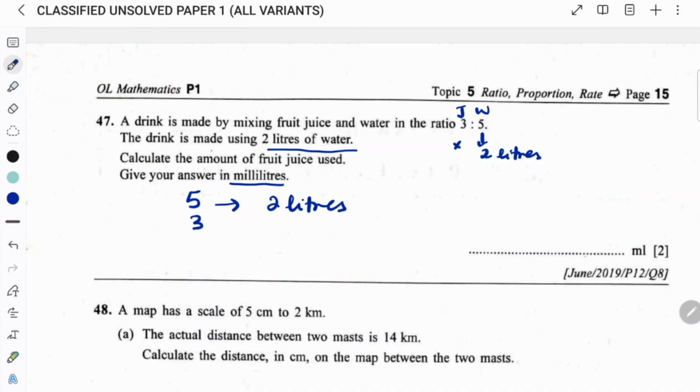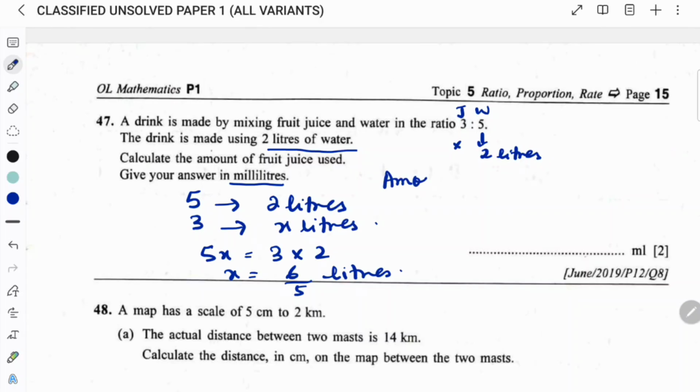Also remember to write down the ratios in the proper line, otherwise you will get the answer wrong. X liters is required. So 5x is equal to 3 times 2, and x is equal to 6 over 5, which is 6 upon 5 liters. They're asking us to find the amount of fruit juice used.